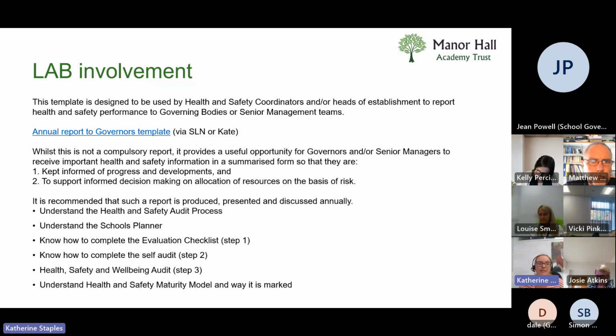What are things that maybe need some budget? Because, you know, some things are quite expensive with health and safety. But every school is unique, and it's about those school-led conversations with your health and safety lead to really get under the bonnet and understand where they're at as a school.